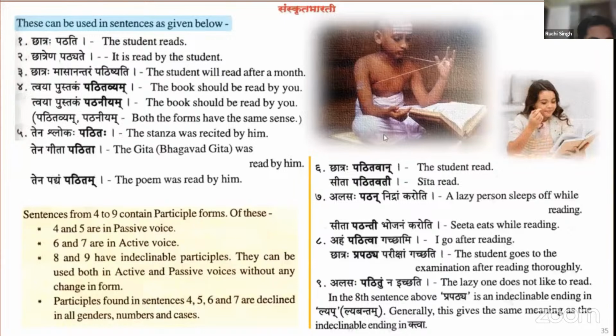8 and 9 have indeclinable participles. They can be used both in active and passive voice without any change in form. Participles found in sentences 4, 5, 6, and 7 are declined in all genders, numbers, and cases, like Patitavyam, Patitaha, Patitvan, and Pathan.